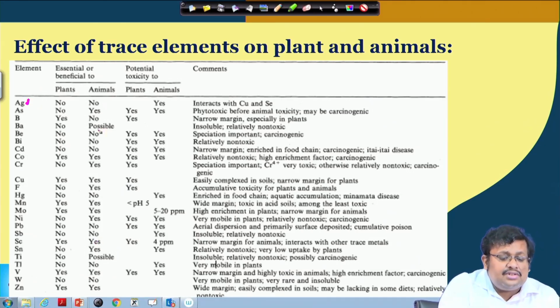Silver is not essential or beneficial to plants and animals, however, it is toxic to animals, because it basically interacts with copper and selenium.